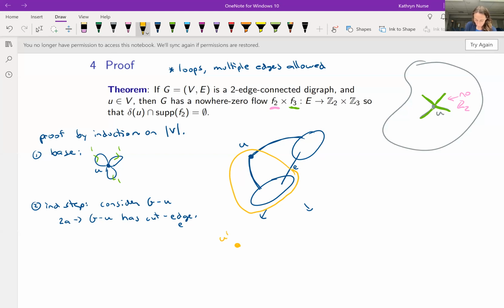And then this could have more edges. So we get two smaller graphs, and then we'll contract this side over here.